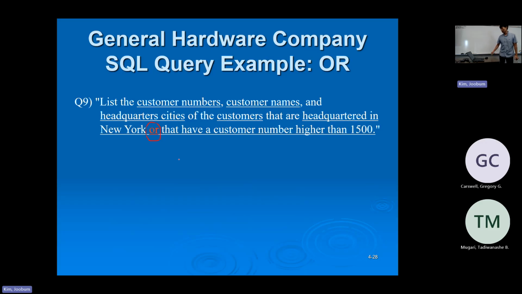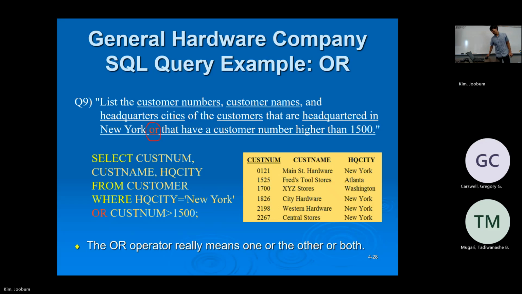In that case, you can just change the AND operator to OR. So you know the purpose of the OR operator: A or B means if either of the two is true, the output is true.